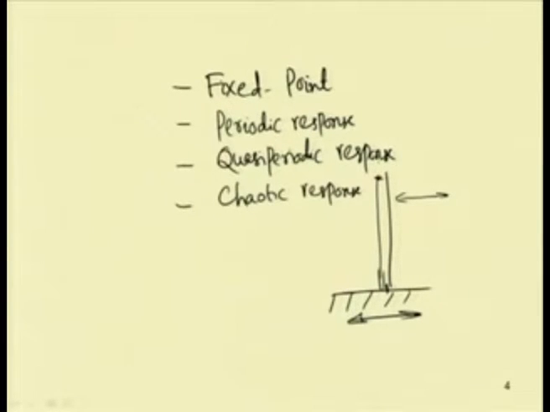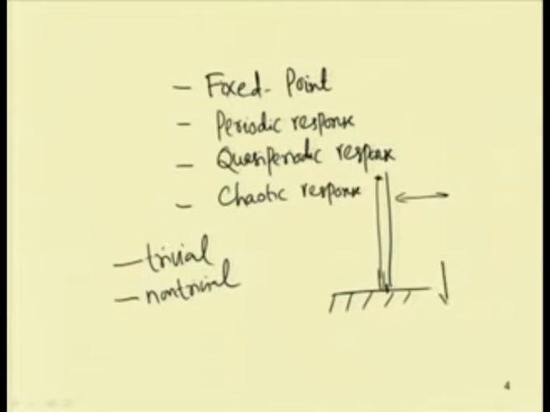the vibration that we are going to see may be either a trivial state or a non-trivial state vibration. In case of the trivial state, let us take the system in which the beam is vibrating in this direction, up and down.